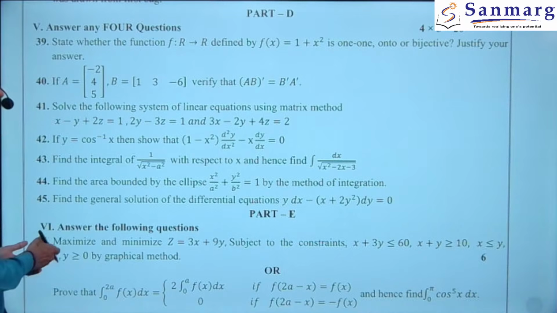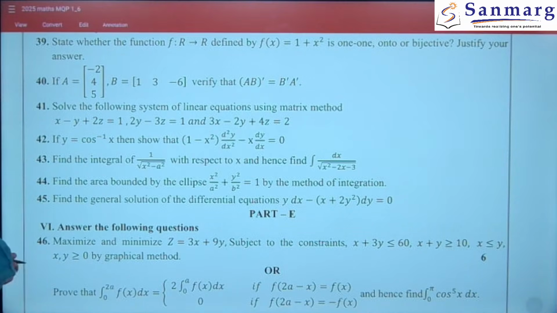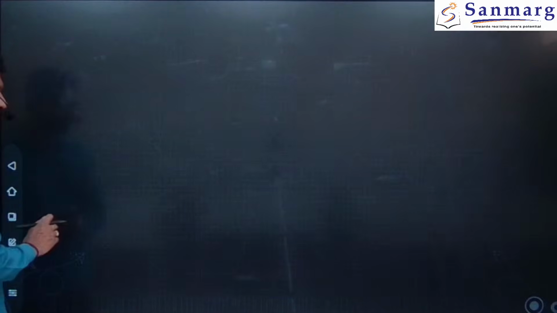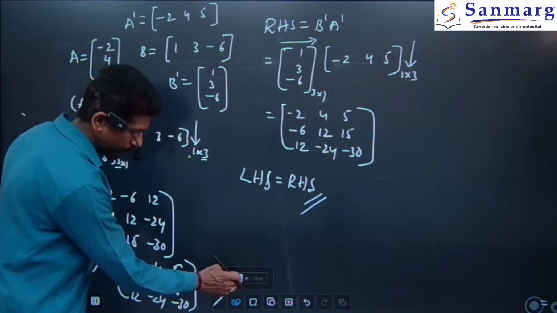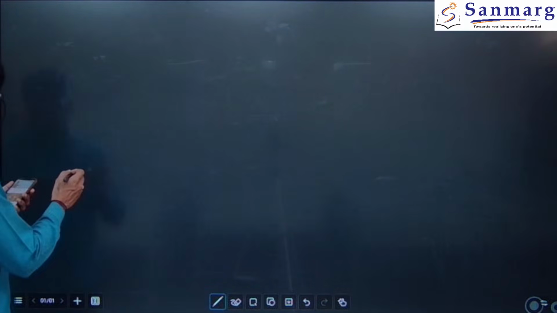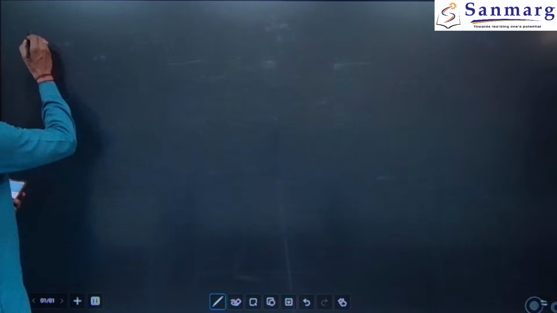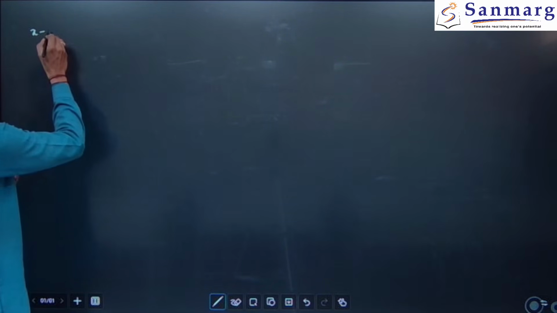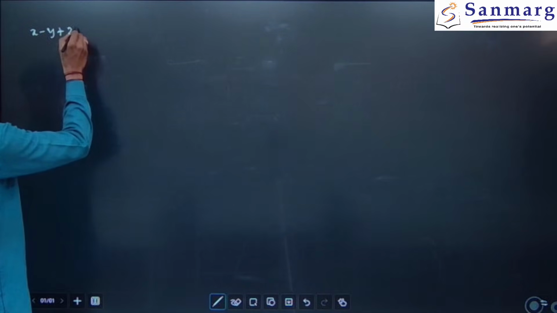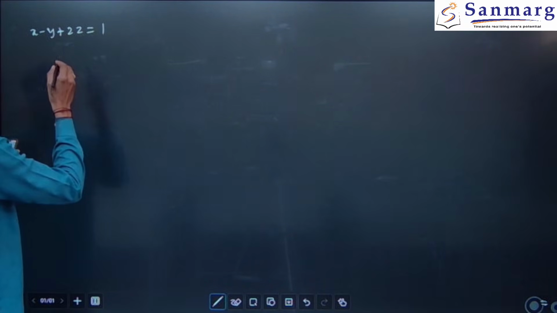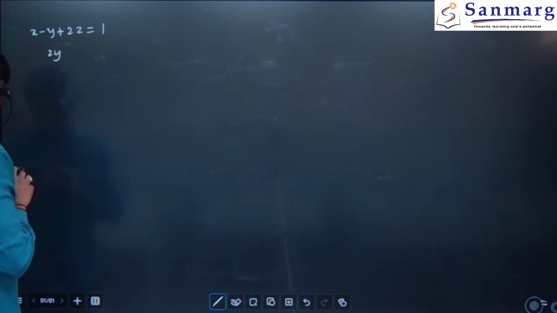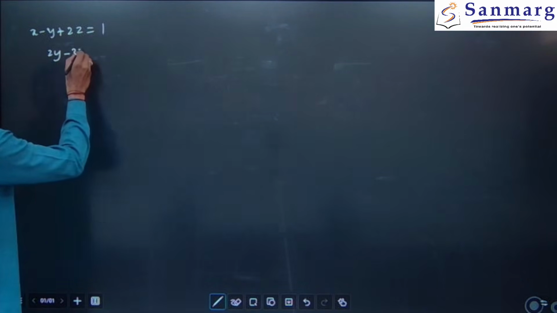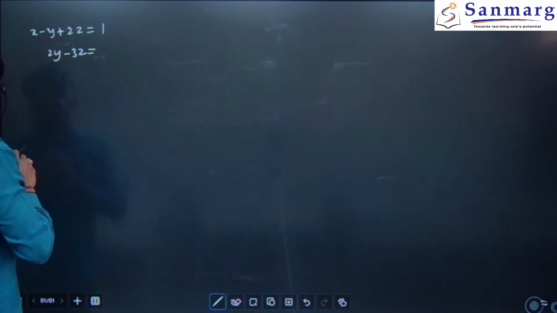So now I will consider these three equations. By considering these three equations, I will solve the last one. The first one is x minus y plus 2z is equal to 1. The second one is 2y minus 3z is equal to 1.